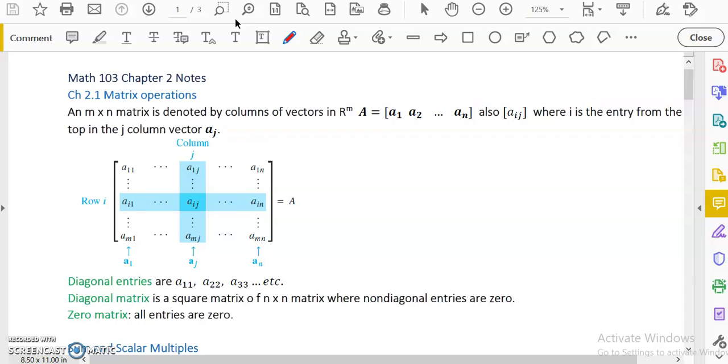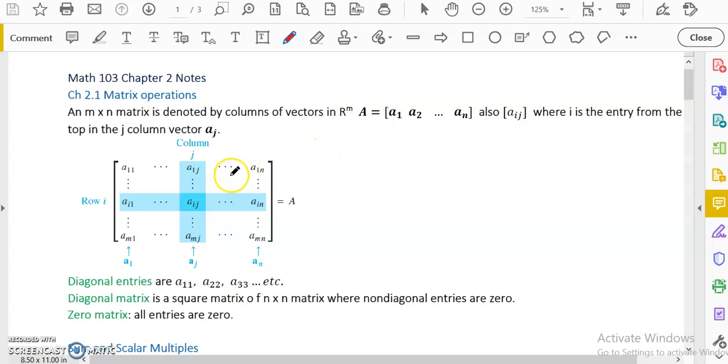So in chapter 1, we used matrices to describe a system of equations or a vector equation, meaning that matrices are actually vertical vectors, columns. But actually a matrix can be just an array of numbers, and you can treat it as an object that has operations.